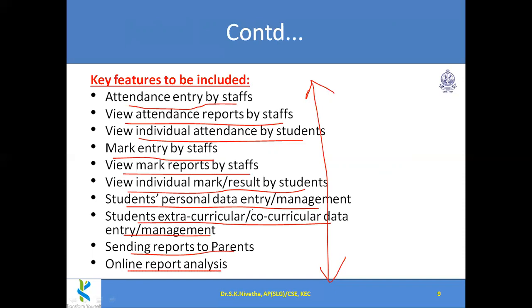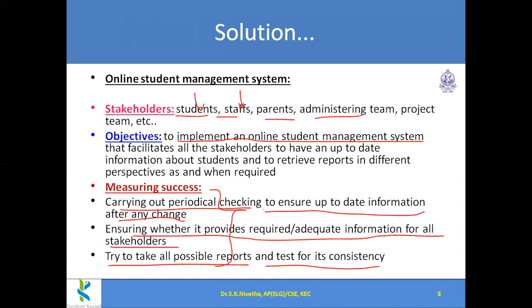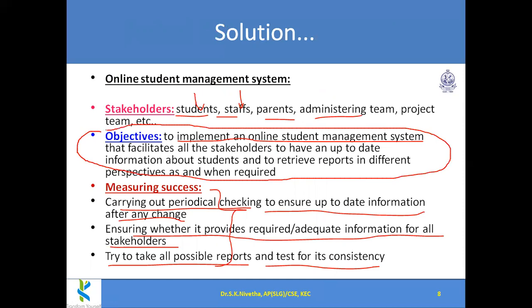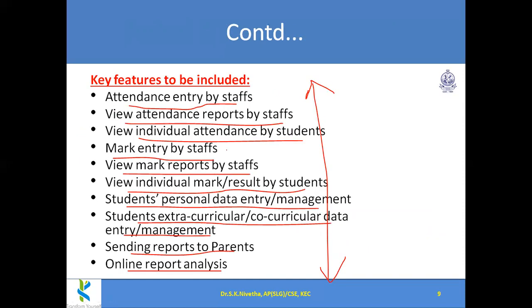So all these are to be added into that system. So likewise we can list out, and after listing out, we can also define the objective. Or cross-verify the objective after listing all these things.